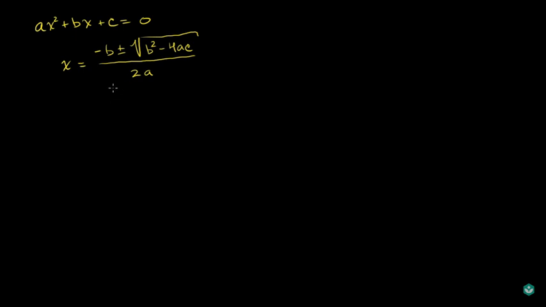Now, in this video, rather than just giving a bunch of examples of substituting in the a's, the b's, and the c's, I want to talk a little bit about this part of the quadratic formula. This part right there. The b squared minus 4ac.